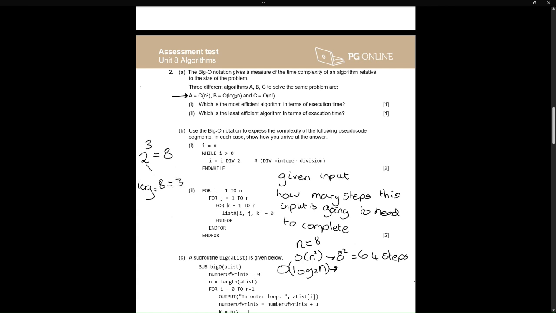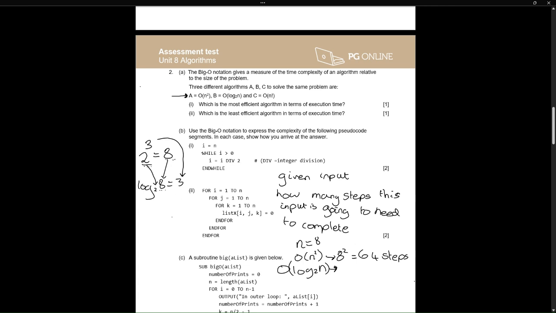You take this 2, plug it there, take this 8, plug it here, and then we can work out what this power is. So 2 raised to the power of what gives me 8? We can figure out it's 2 to the power of 3.